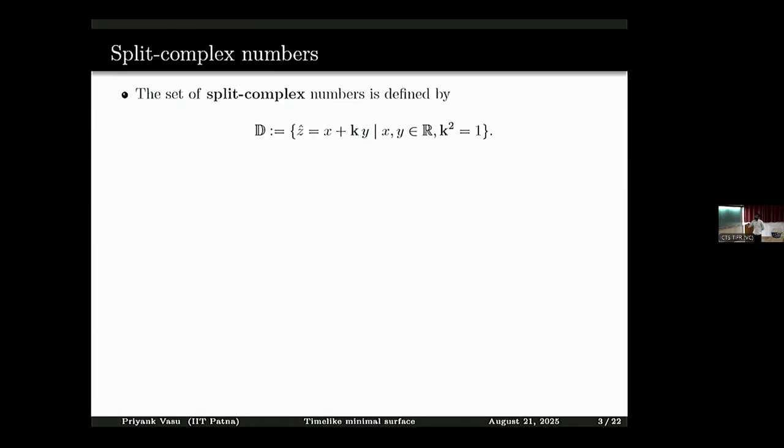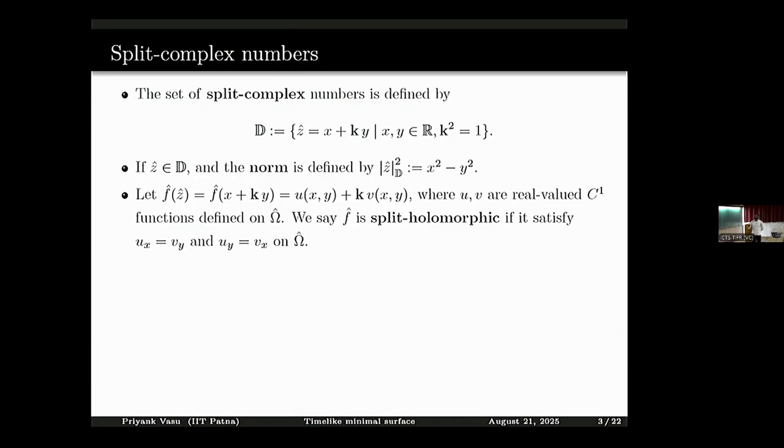And what is the split complex number? They have many names, like hyperbolic number, paracomplex number, and different names. A split complex number is z hat, which is x plus ky, where k is the imaginary unit with k squared equal to 1.